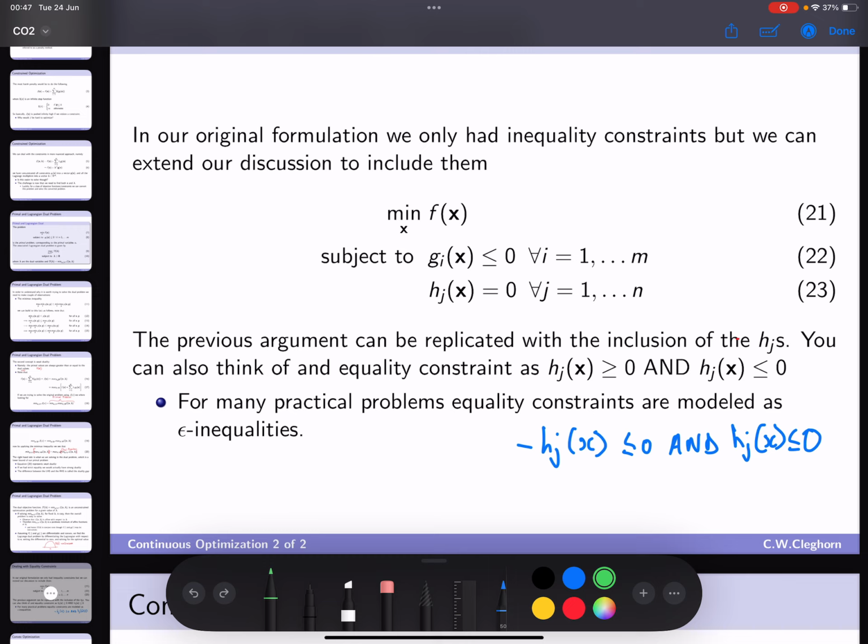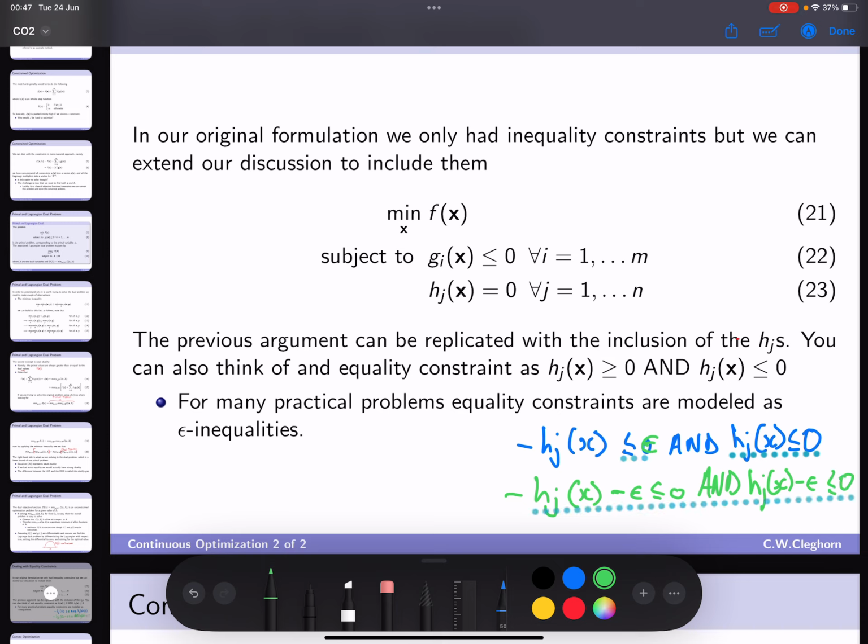And then lastly, for many practical problems, this is also a little bit strict. So instead of having 0 over here, you will have epsilon. And so in that case, you'll have minus hj of x minus epsilon less than or equal to 0 and hj of x minus epsilon less than or equal to 0.